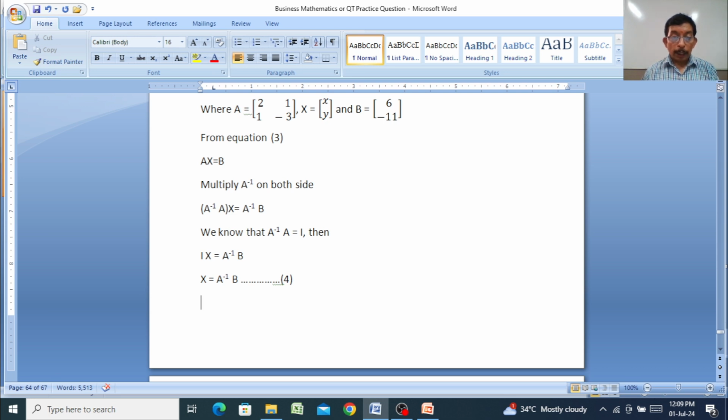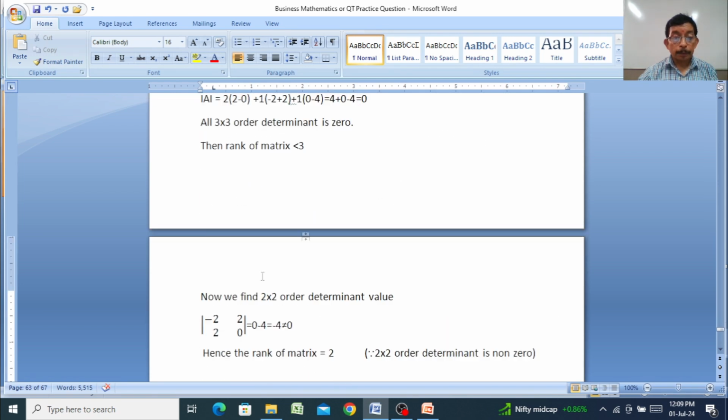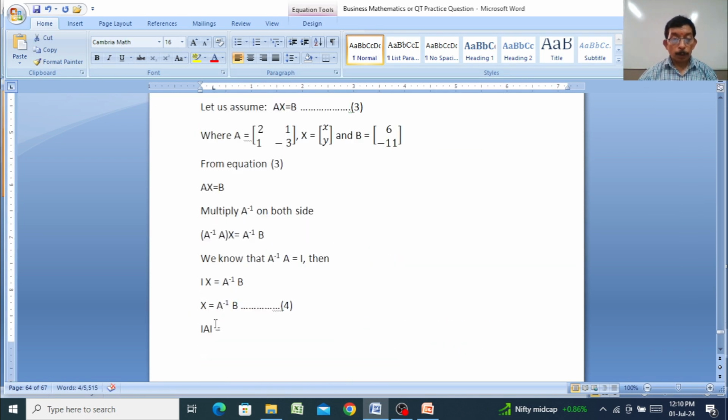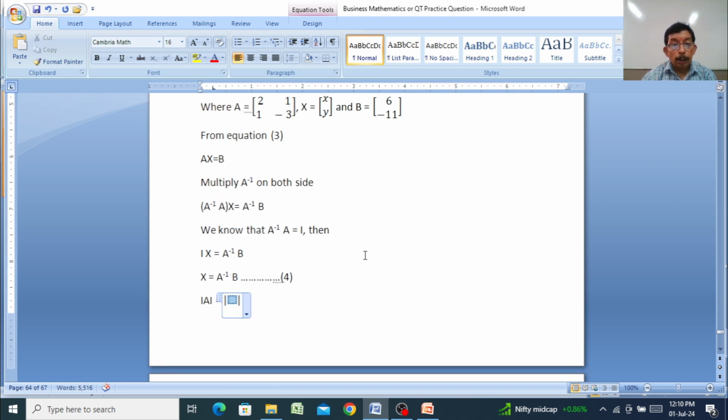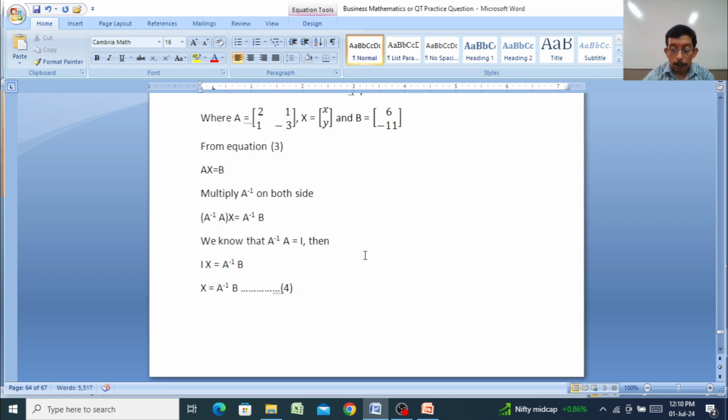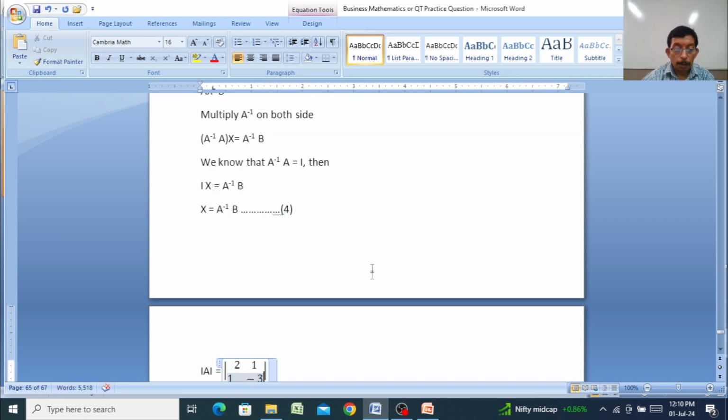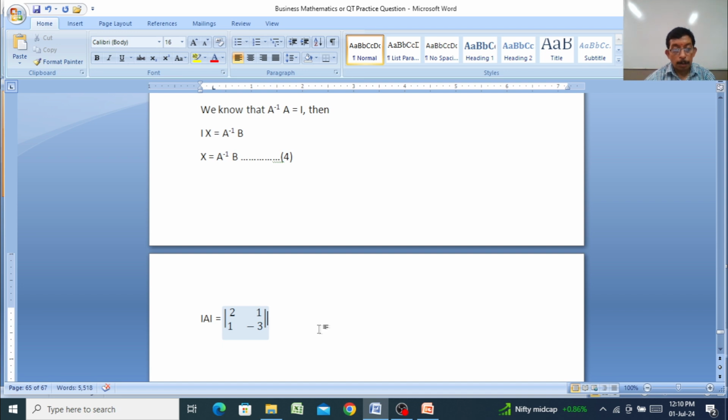First we find the determinant of A. Note down the determinant value of A. The determinant of A is |2 1; 1 -3|, which is equal to 2 times minus 3.